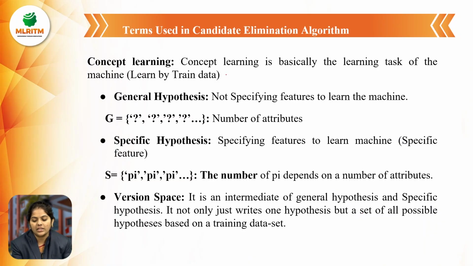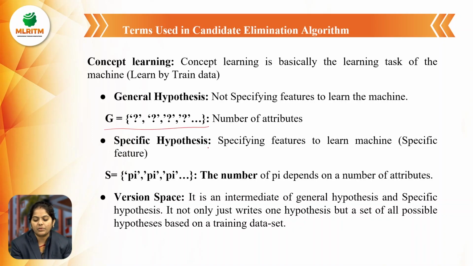Concept learning is basically the learning task of the machine, and the general hypothesis. So we have two terms here, general hypothesis and specific hypothesis. In the general hypothesis, we are not specifying the features to learn the machine, so we'll just mention the hypothesis with the number of attributes.